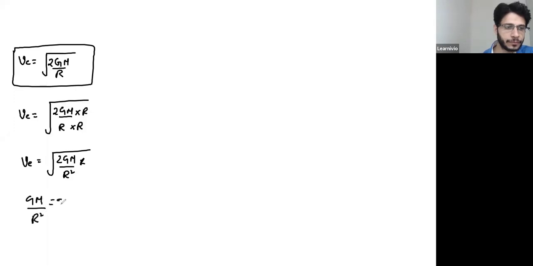It is g. So the relation of escape velocity comes out to be root 2gR.